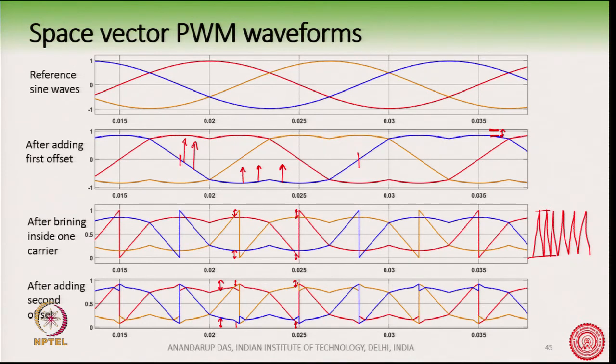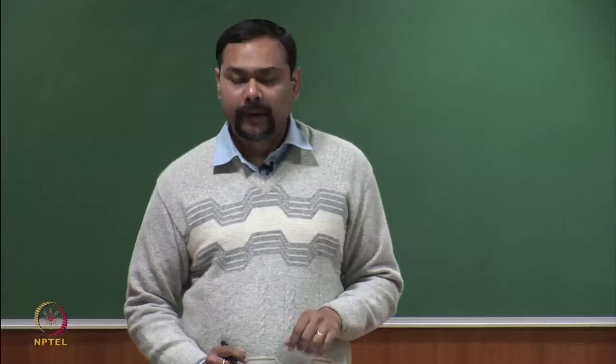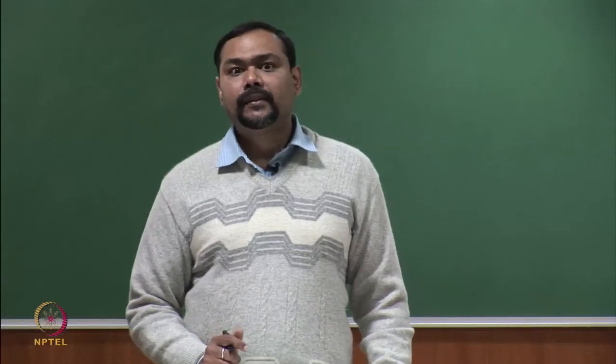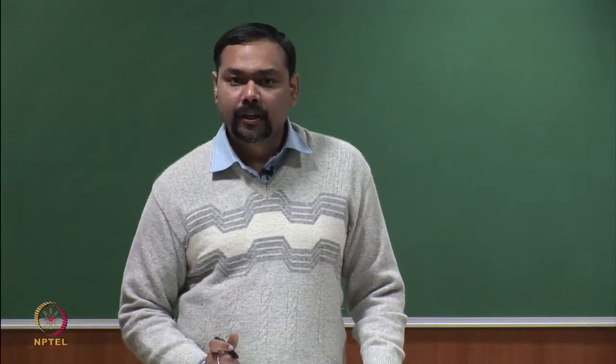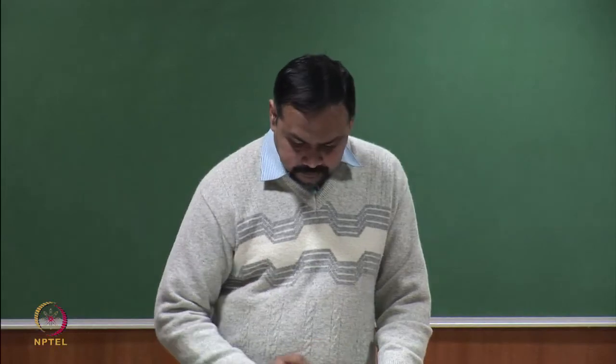So, therefore, this is the function of the second offset, and by which what we have done is we have ensured that the highest waveform from +1 and the lowest waveform from 0 have equal magnitudes. The distance from +1 and distance from 0 are having equal magnitude. This ensures that we are following the space vector PWM, as we will see now.